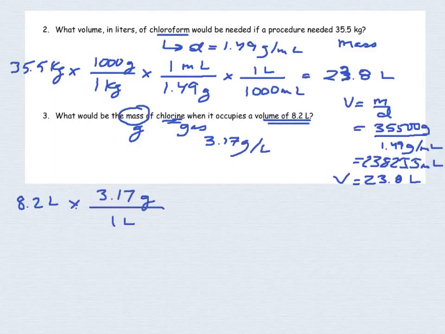Essentially, I'm going to multiply my two numbers together: 8.2, the liters will cancel, by 3.17, and that'll give you an answer of 25.994, and that's grams. That's too many significant digits, obviously, but that's the calculator answer. So 26 grams would be the mass of your sample of chlorine.